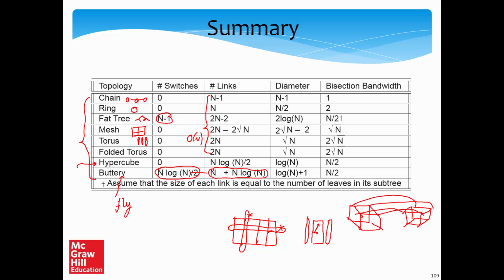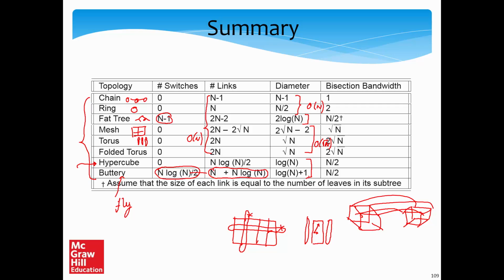That's the reason we can afford a small diameter. The diameter for the chain and ring are of order n. A fat tree has a much smaller diameter, but again, it's not the best topology for on-chip networks. For a mesh, torus, and folded torus, the diameter is of order root n. And for a hypercube and butterfly, the diameter is small.